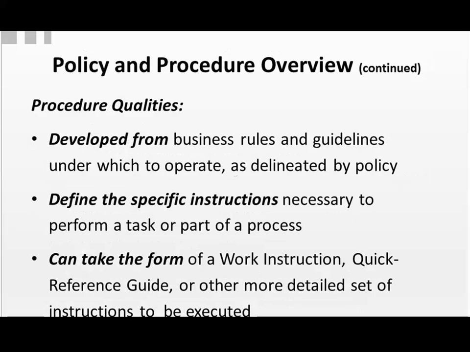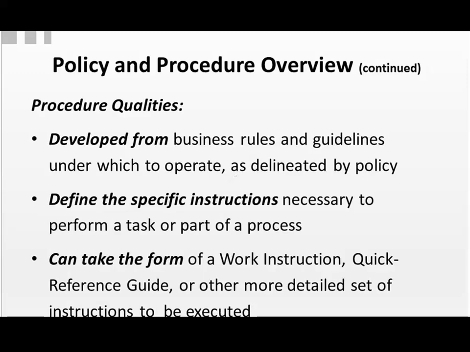Procedures are developed from business rules and guidelines under which to operate, as delineated by a policy. Every procedure should point to one or more policies in your organization. They should have specific instructions or steps that are required to perform a task or part of a process. It can take the form of a work instruction instead of a procedure as well.